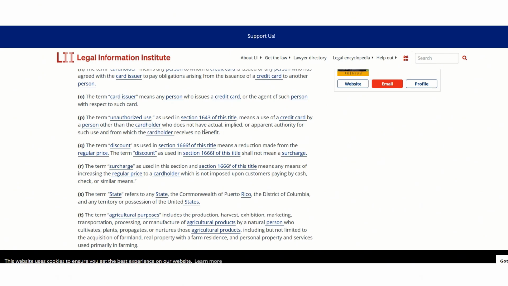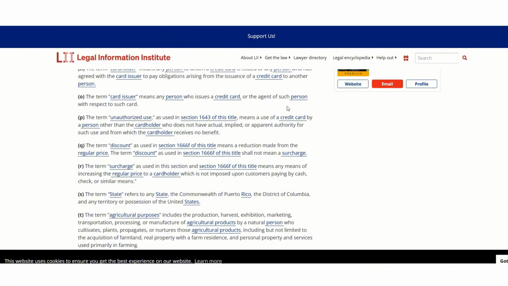So the thing is, they might have implied or maybe apparent authority for such use, but the cardholder still needs to receive a benefit. Do we receive a benefit from an account? They are benefiting off an account by the use of your credit card. You're not benefiting, so it will be considered unauthorized use.